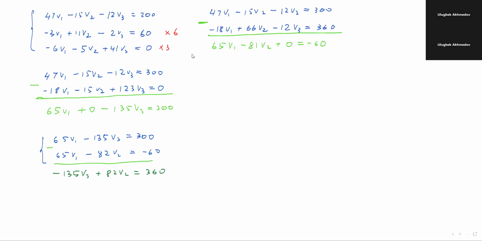Okay, and we can solve this for one of them. Let's solve it for V3, for example. V3 must be equal to 360 minus 81V2, the whole thing divided by negative 135.